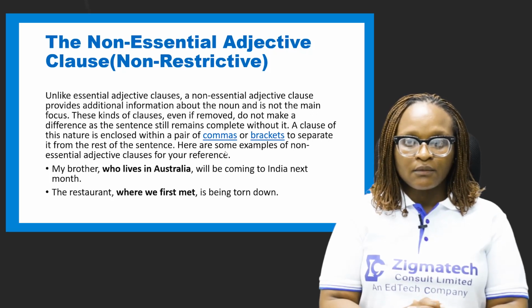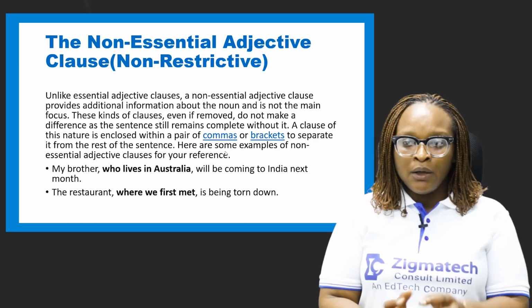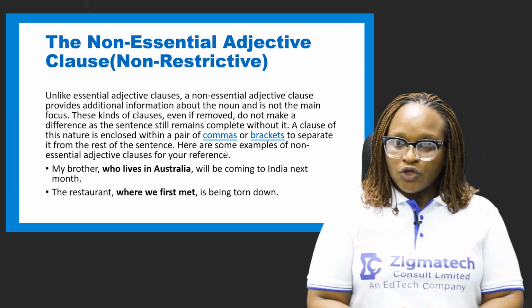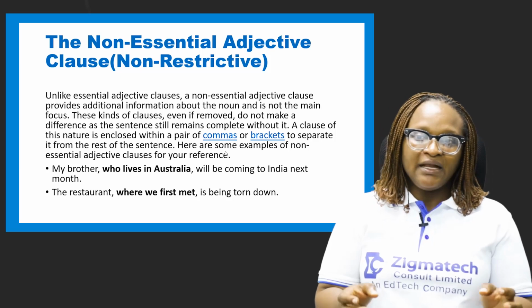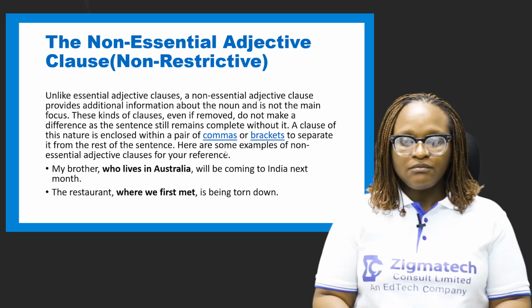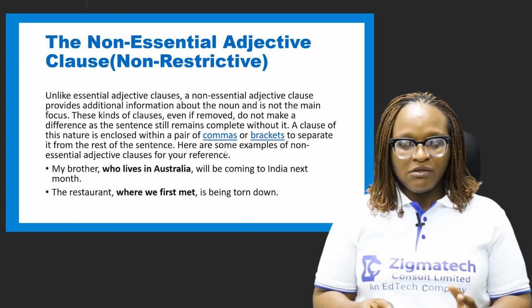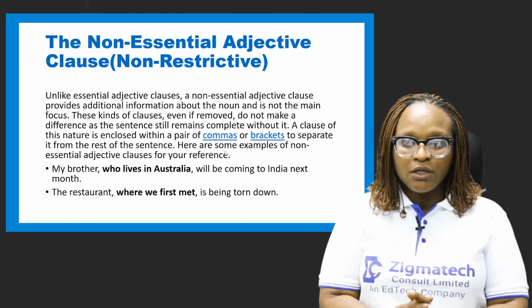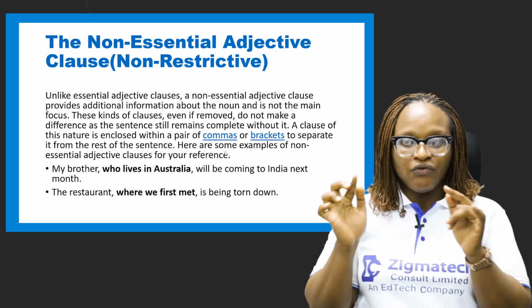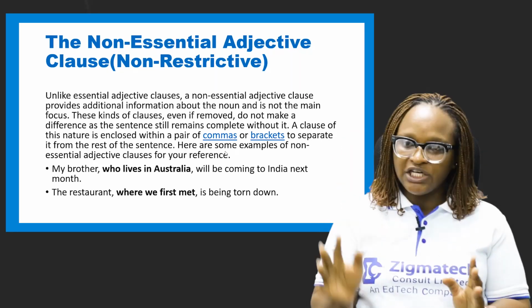Number one, my brother who lives in Australia will be coming to India next month. My brother who lives in Australia will be coming to India next month. Now look at this sentence closely. You will agree with me that if I remove who lives in Australia, I can still read the sentence.